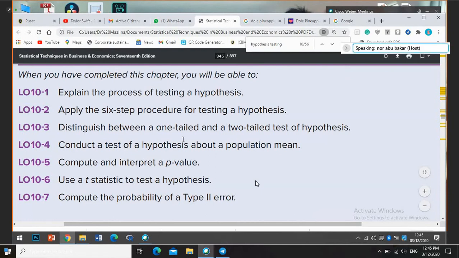And then you're also going to be able to distinguish when you're going to use one tail and when to use two tail. Okay.